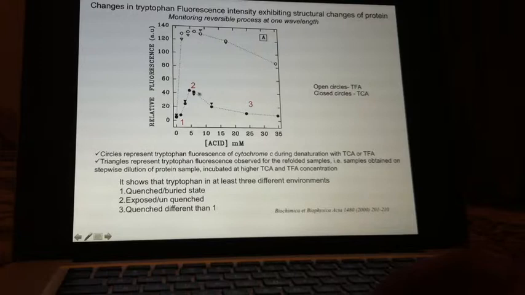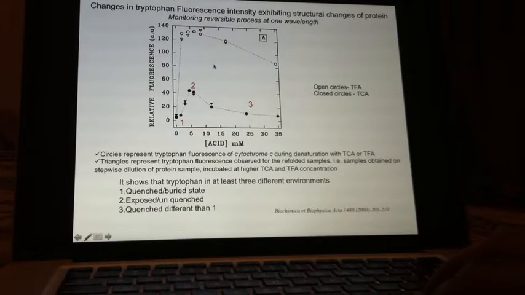Now we can divide this whole spectrum into three regions, 1, 2, and 3, and say that tryptophan is largely in one environment here, largely in another environment here, and largely in a different environment here. So the three different environments of the tryptophan moiety with the increasing concentration of the acid are evident from this technique. That's the information fluorescence gives us.